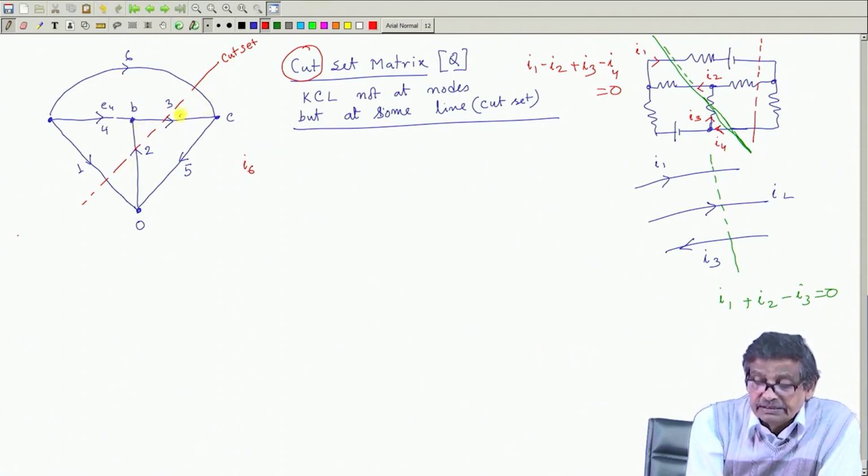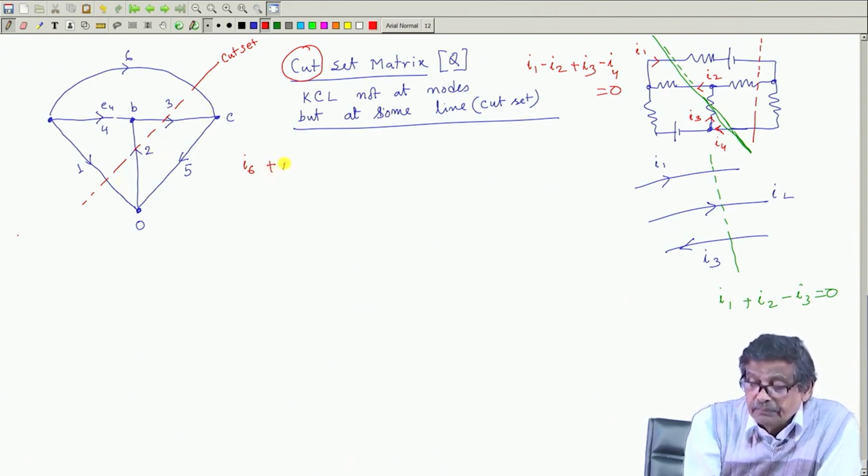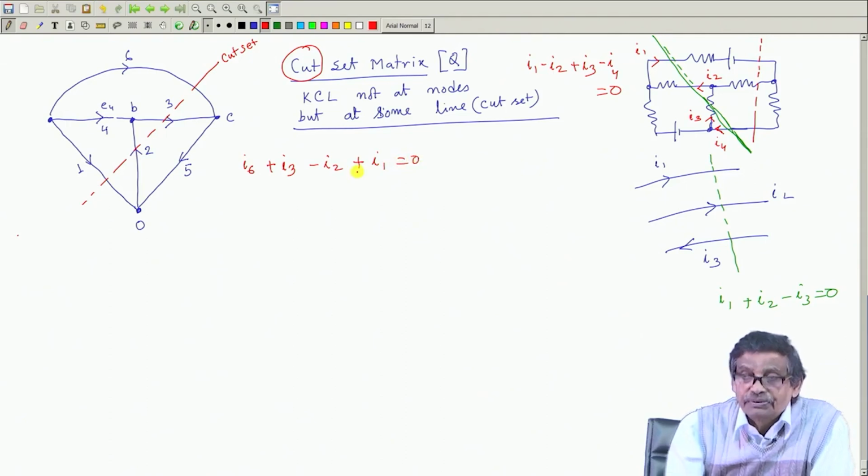Then I 3, these 1, 2, 3, 4 elements are involved here. It will divide the network into 2 halves. So, I 6, then plus I 3 this way. Then should I write plus I 2 or minus I 2? Minus I 2. Why? Because it is crossing this line in the opposite sense as 6 and 3 did. So, minus I 2, and what about I 1? This is the current, so plus I 1. This must also be 0.